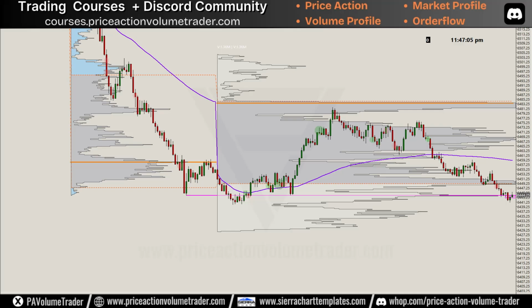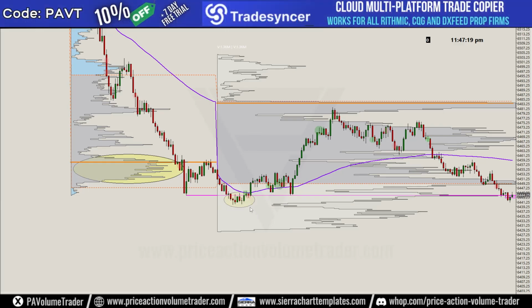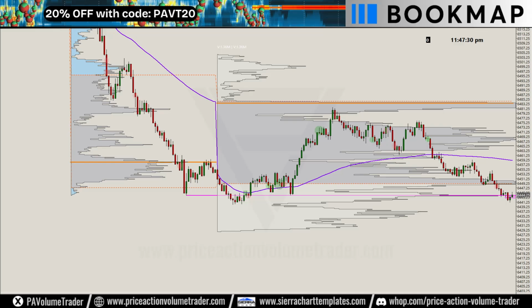We had the high volume node here from the overnight, and you can see we pushed down below the lows of the overnight, consolidated a bit, went right back into it, and then we actually came back down and started holding this level.